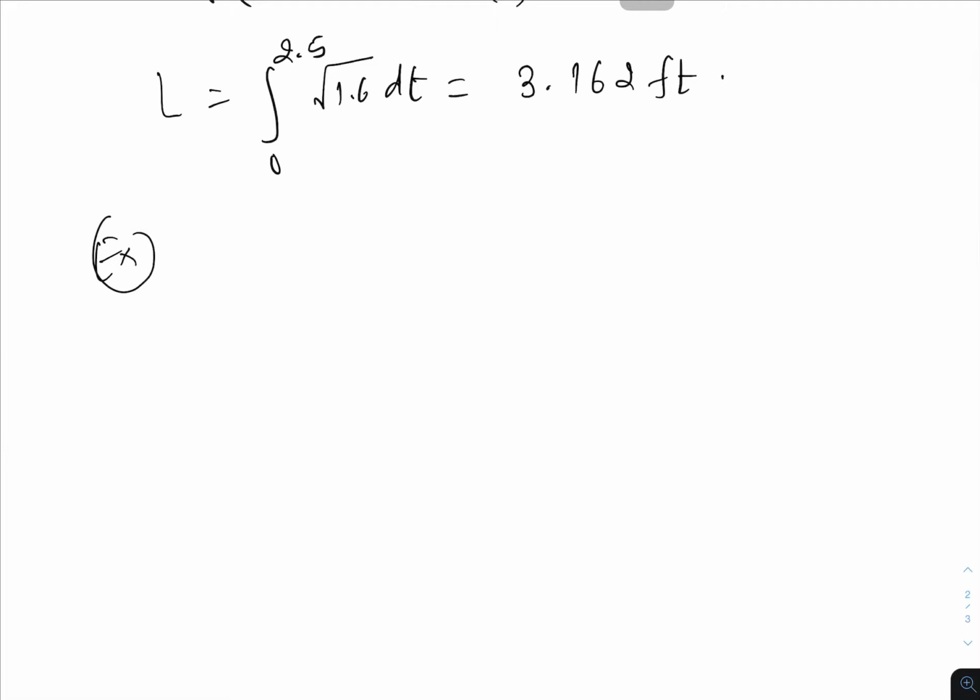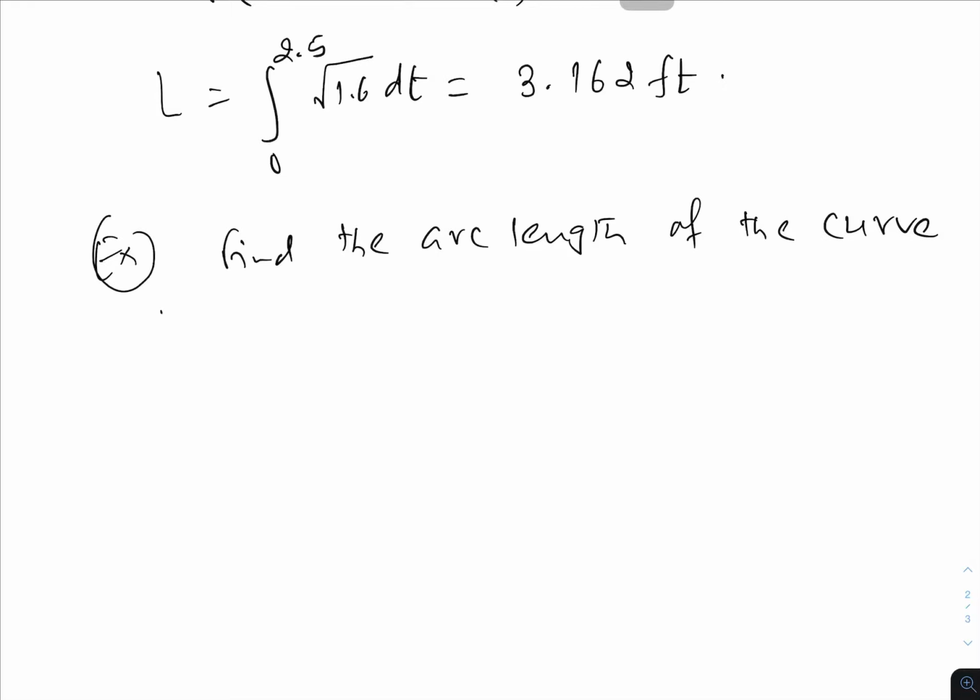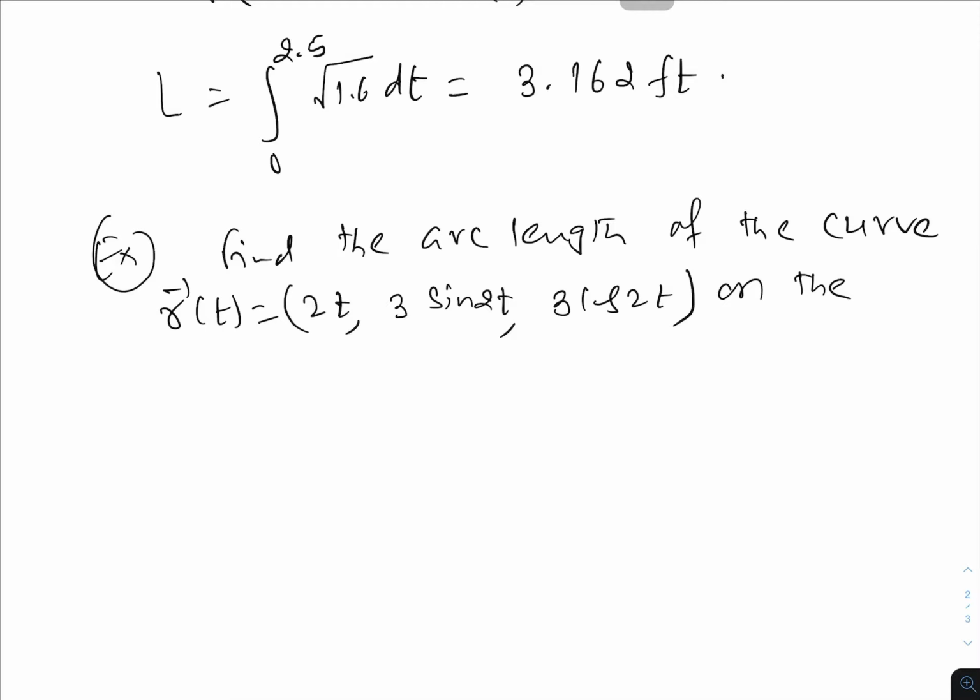Find the arc length of the curve, say r(t) is like this: 2t i, 3 sin 2t j, 3 cos 2t k on the interval 0 to 2 pi, and it's easy now.